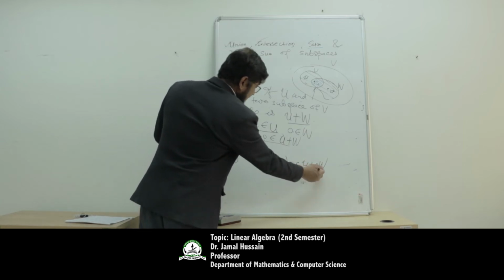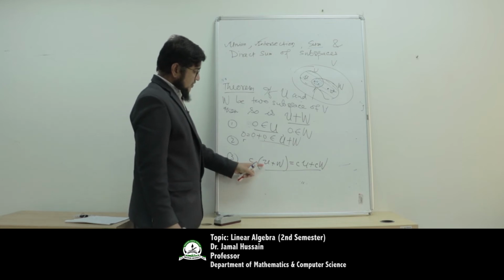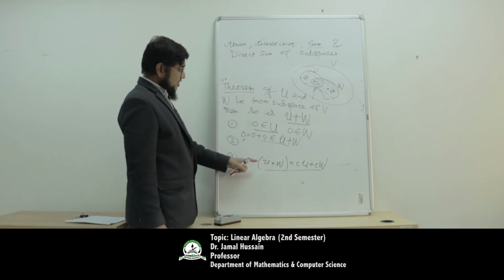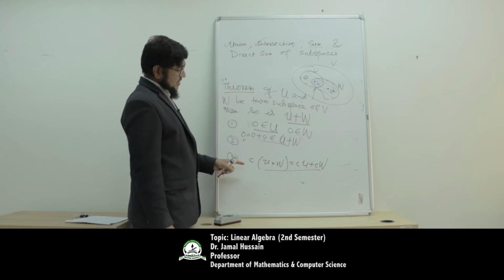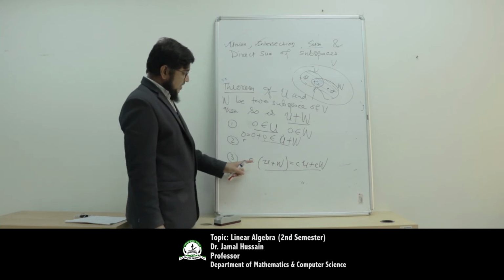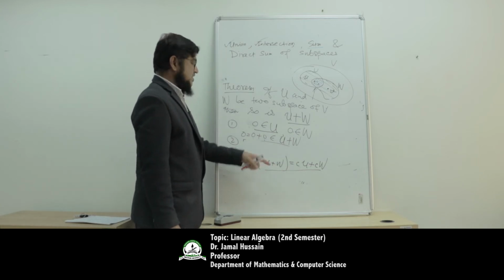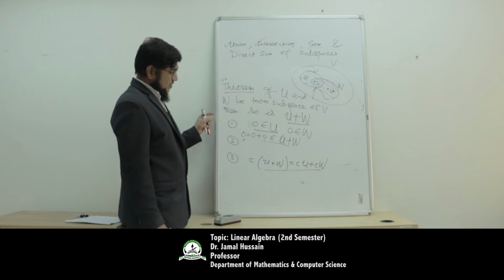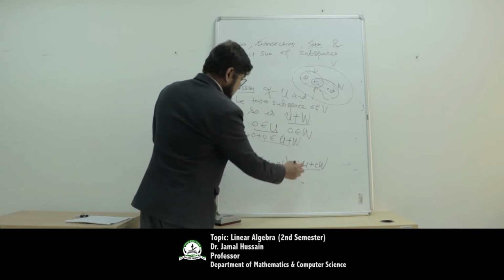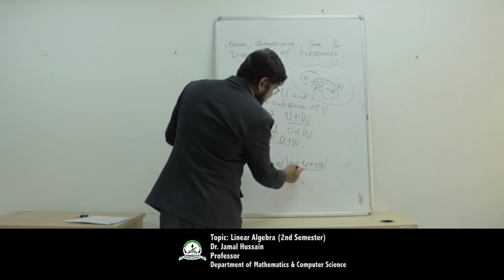So how can I write this? It is because of the property, the 8th or 9th of those 10 axioms, where the scalar distributes over this and this. It's the distributive property. Because it's a vector space and it satisfies those properties, we can write it like this. So when we write like this, this part belongs to U. Why?